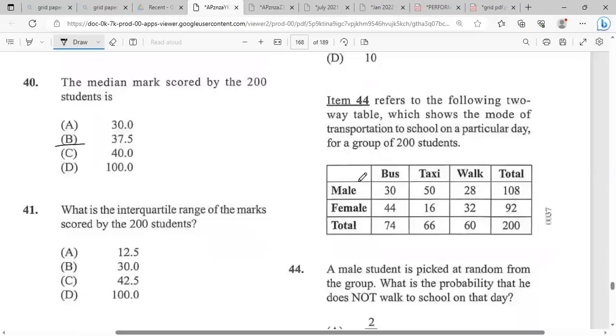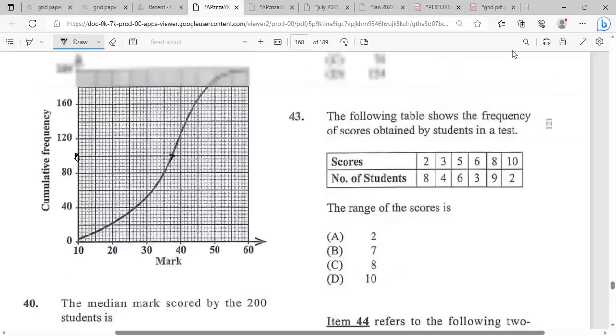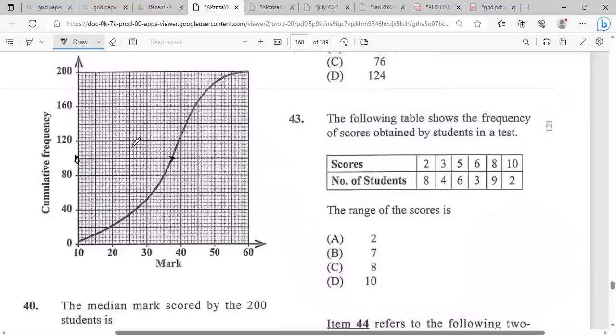And they ask, what is the interquartile range? So that is going to be Q3 minus Q1, 3/4 minus 1/4. We take the reading off of the graph and subtract. I'm trying to go off of memory now.